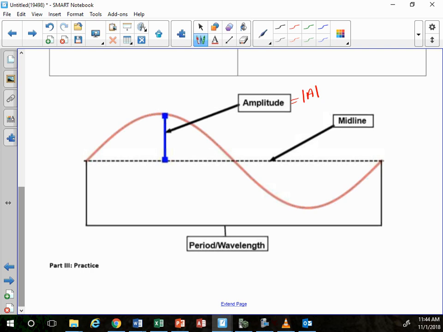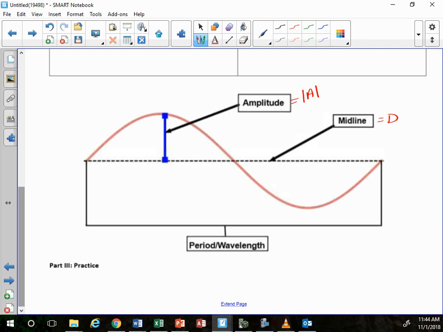On the parent graph, it's 0, but it's not always going to be 0, so how else would you describe it? It's D. Good job. Your midline is always going to be equal to your vertical shift. It's right in the middle of your graph, halfway between the top and the bottom. You shift up or down, it moves.